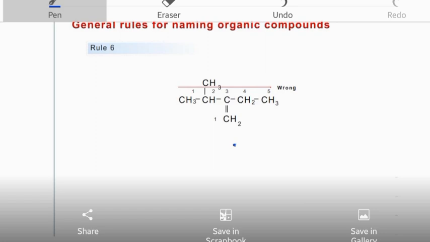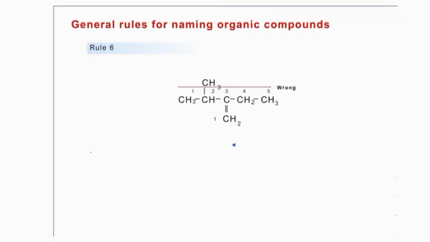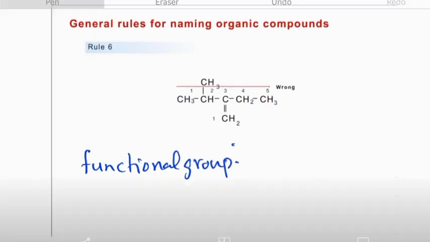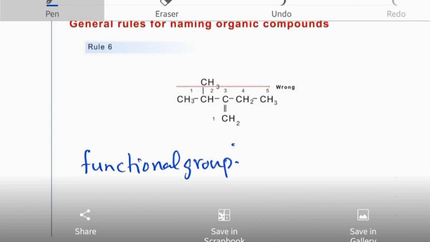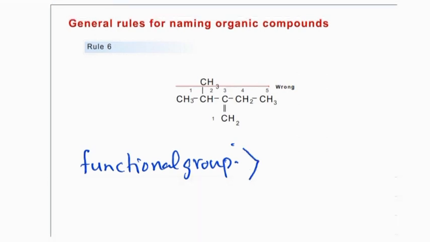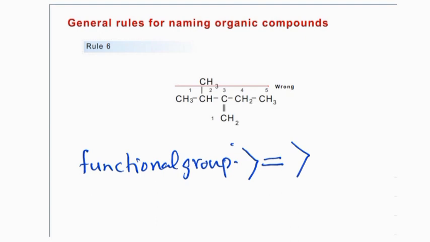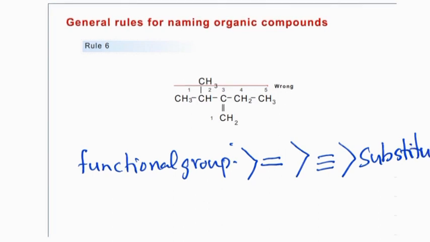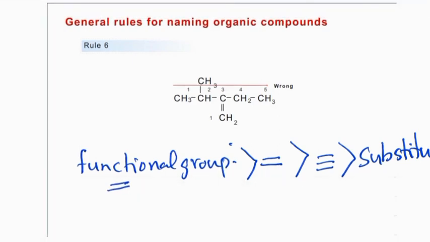When you are naming the compound, in nomenclature there is a priority. When you take the main chain as the root word, if there is a functional group, the functional group must be in the main chain, and the priority is like this: the functional group has the highest priority, then the double bond, then the triple bond, then the substituents. The rest is common sense.